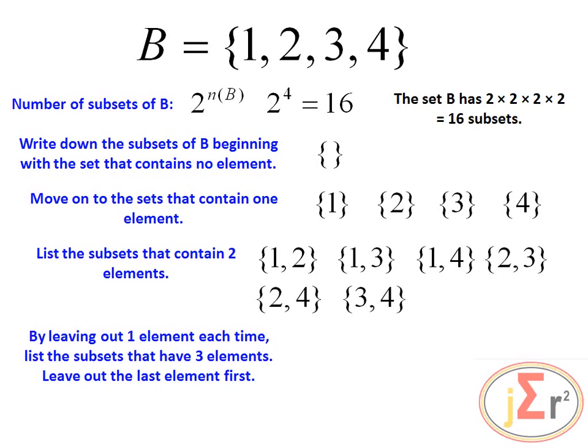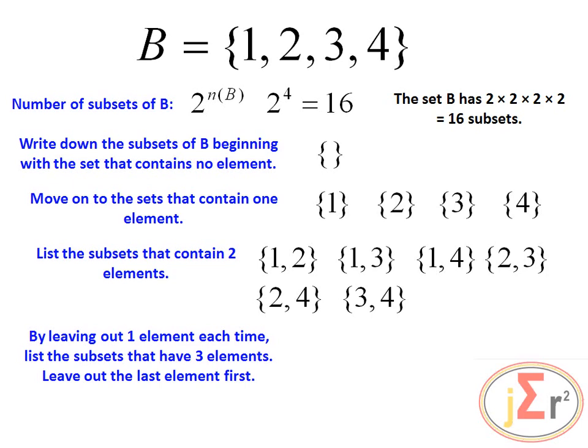Now we're going to move on to the subsets that have 3 elements. Our systematic approach will, in this case, be explained by this statement that we have right here. By leaving out one element each time, list the subsets that have 3 elements.